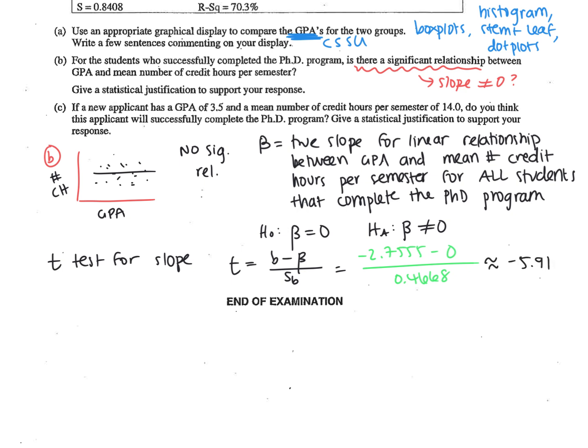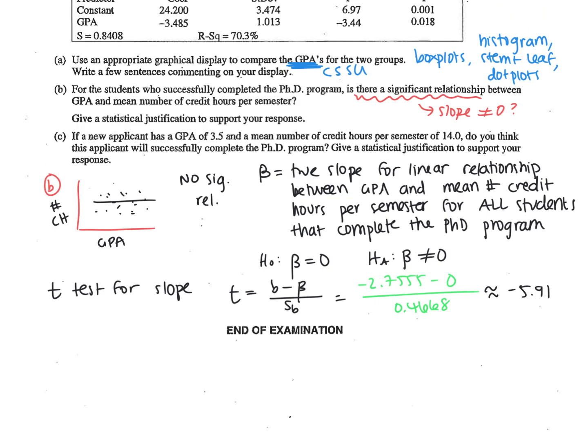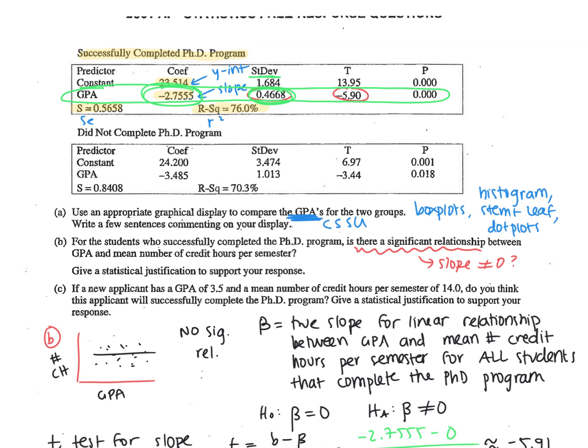Negative 5.91. Now, that number should not be a surprise. And here's why. If we look at the output, it gave us that number right there. It already did the math for us. And what do you think P stands for? Probability. P-value.